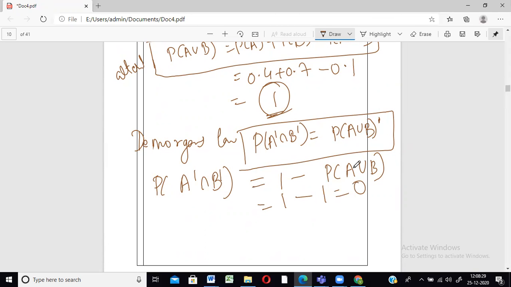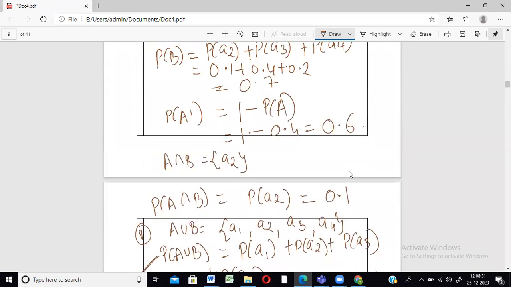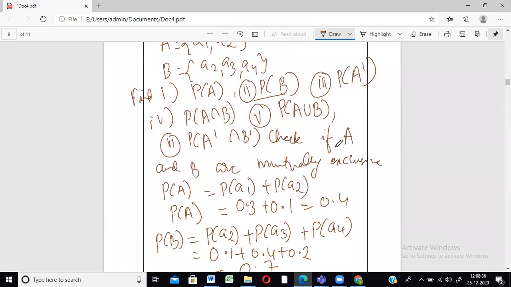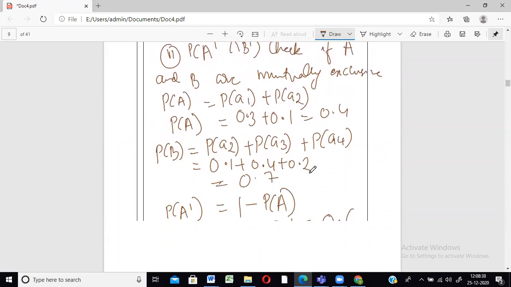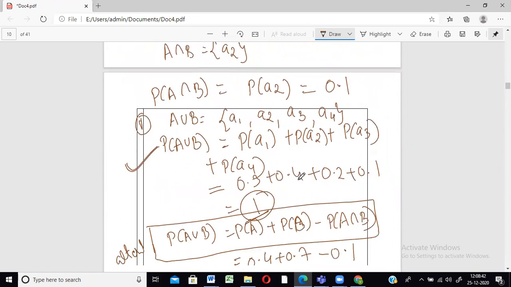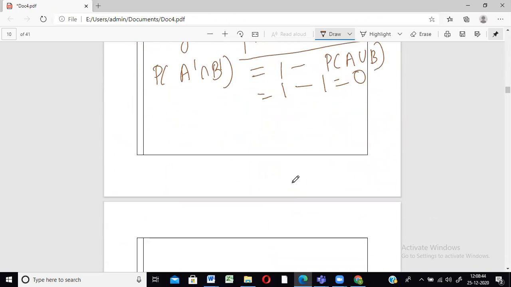Alright, now the next, last one. They asked us to check if A and B are mutually exclusive events or not. What is the meaning of mutually exclusive events? Mutually exclusive events mean they should not have anything in common, correct? But what did we have initially? In A we had A1, A2. In B we had A2, A3, A4.